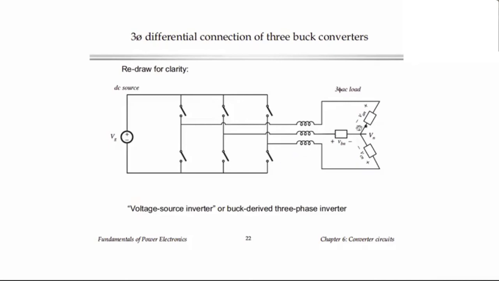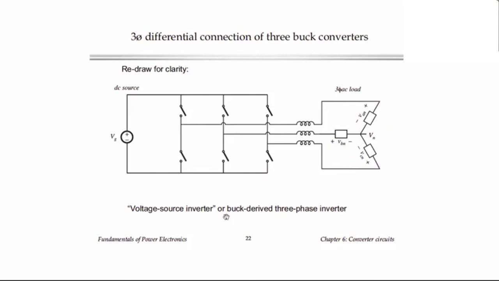Here the circuit is drawn with the capacitors omitted altogether, and we simply have the three inductors of the three buck converters and the three switch networks, one for each phase. If desired, we can put three-phase capacitor filters as well. For example, we can connect them in what's called a delta connection and make them filter each line-to-line voltage. Or in some applications, we might omit those capacitors.